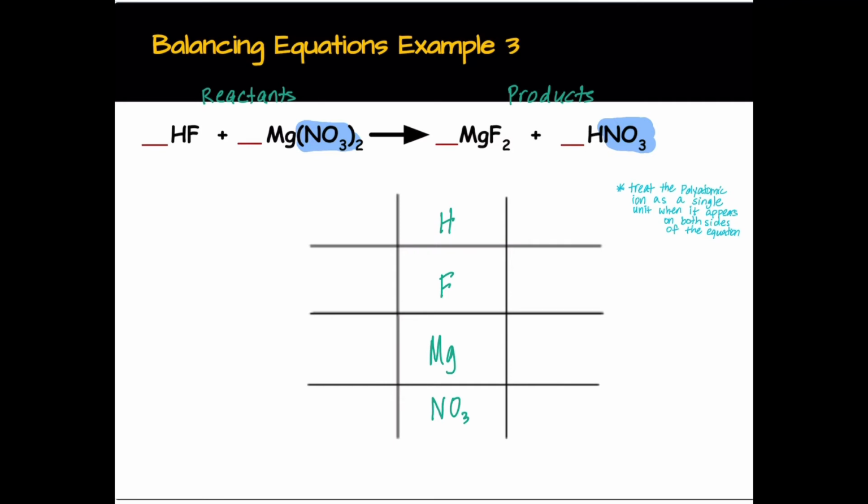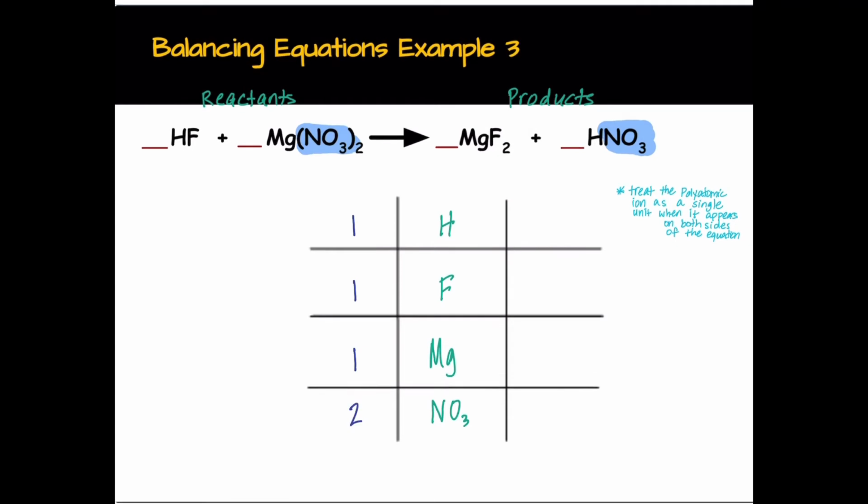Let's begin balancing by counting up the atoms and ions on the reactant side of the equation. We have 1 hydrogen, we have 1 fluorine, 1 magnesium, and 2 nitrates. On the product side, we have 1 magnesium, 2 fluorines, 1 hydrogen, and 1 nitrate.